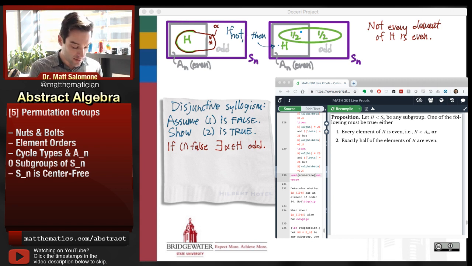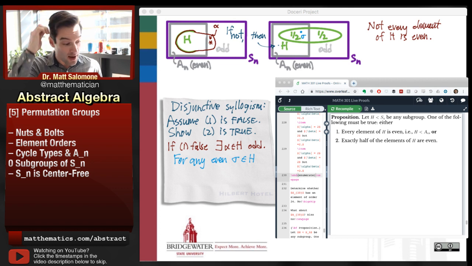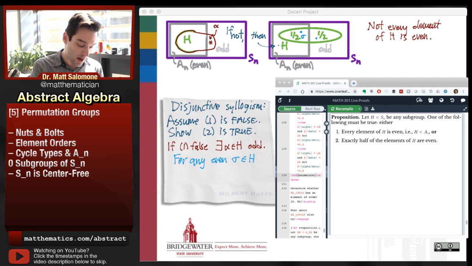Well, let's suppose that you give me an even element of H. Let's call it sigma. So I'm going to write this down here. For any even sigma in H, my question is, how can I relate that sigma to some odd element of H in a systematic way?